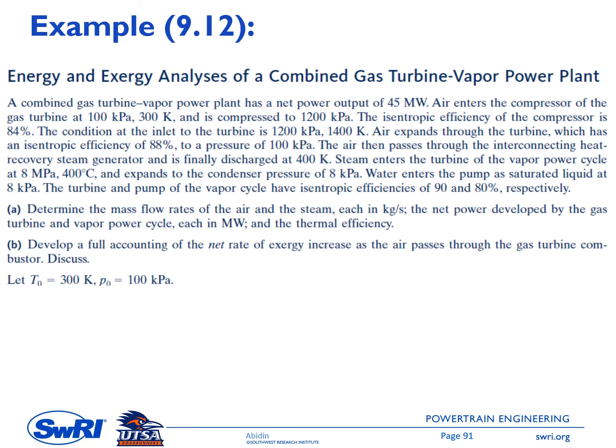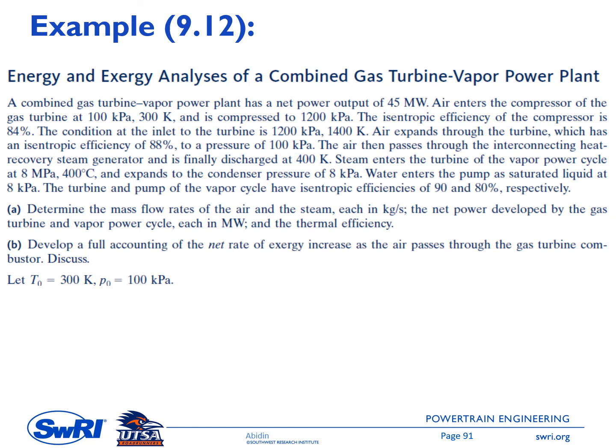The isentropic efficiency of the compressor is 84%, and the condition at the inlet to the turbine is 1200 kilopascals, 1400 Kelvin. Okay, and then air expands through the turbine, which has an isentropic efficiency of 88%, to a pressure of 100 kilopascals. So it's the same as the pressure at the compressor entrance.